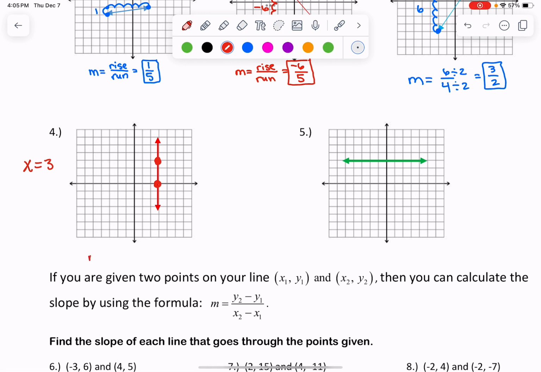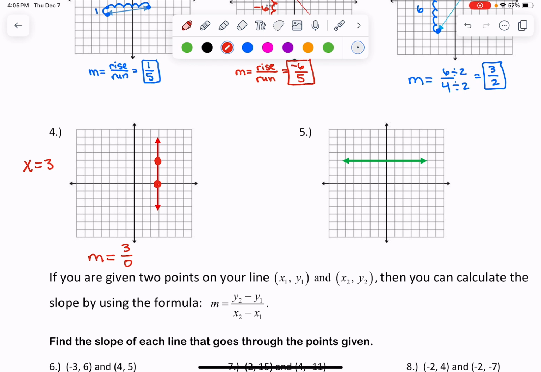If I look at my slope, going from here to here, I'm going up 1, 2, 3 over 0. If you plug this into your calculator, you'll see that when you divide by 0, you get an error message.